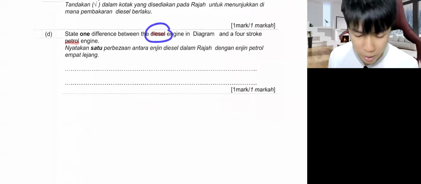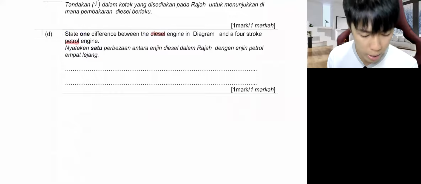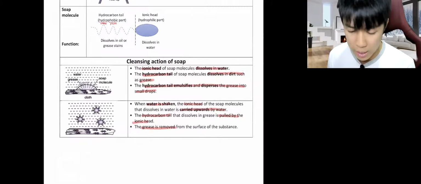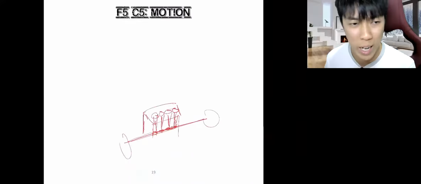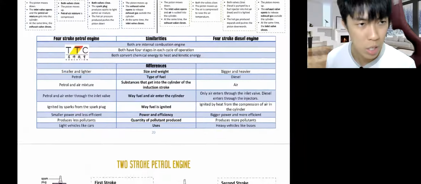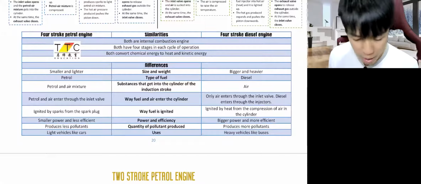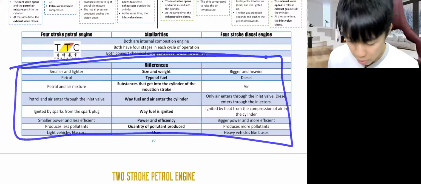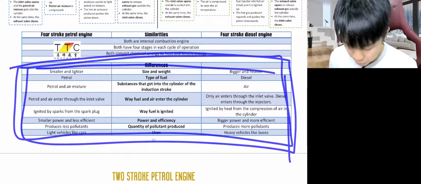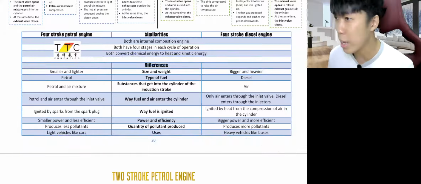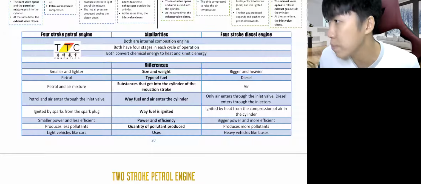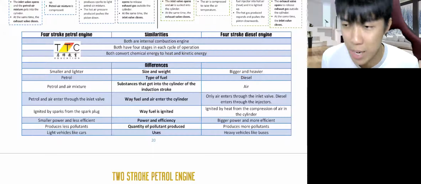So next one. State one difference between diesel and petrol. Okay, the easiest answer will be the type of fuel lah. Of course, you can choose whichever you want from here. Help yourself, everybody.